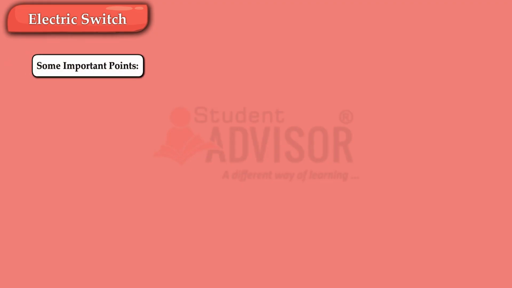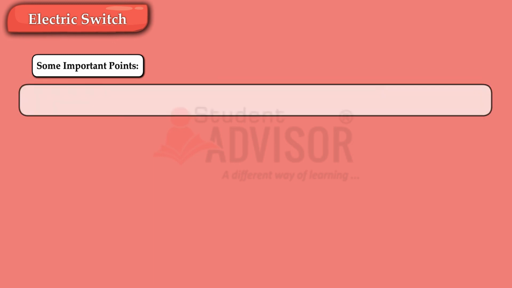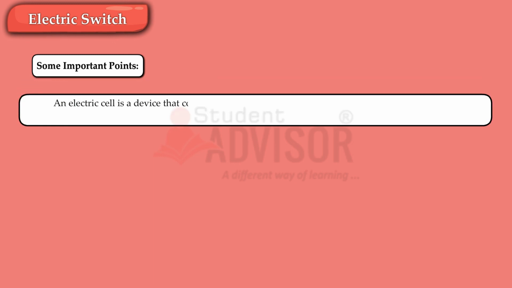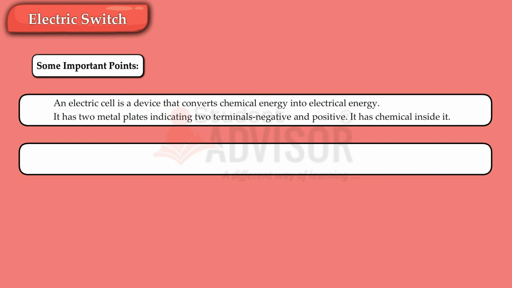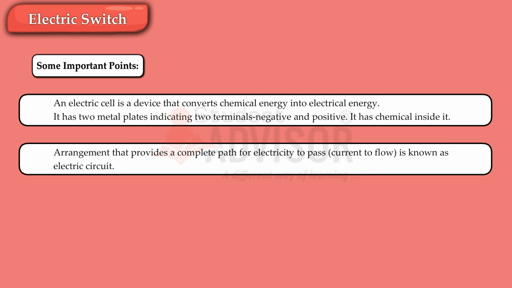Some important points. An electric cell is a device that converts chemical energy into electrical energy. It has two metal plates indicating two terminals, negative and positive. It has chemicals inside it. The arrangement that provides a complete path for electric current to flow is known as an electric circuit.